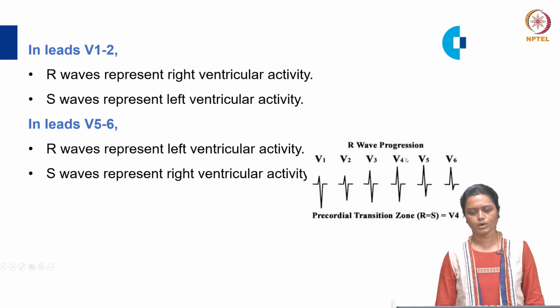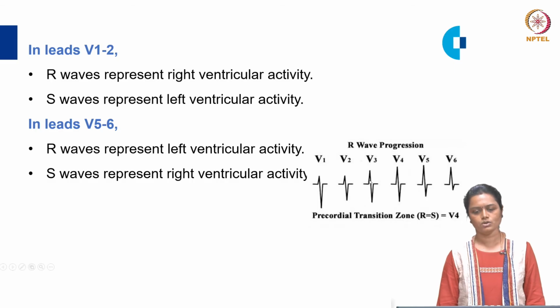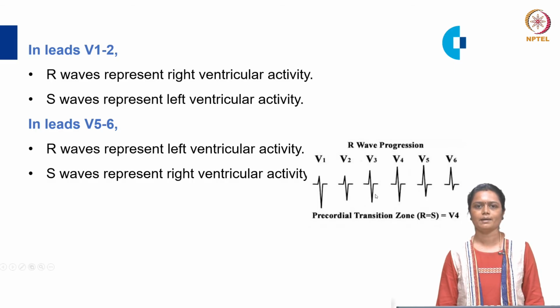At a certain point, for example in lead V3 or V4, there will be a point where the ratio of R wave to S wave is equal to 1, or in other words, the amplitude of the R wave equals the amplitude of the S wave.